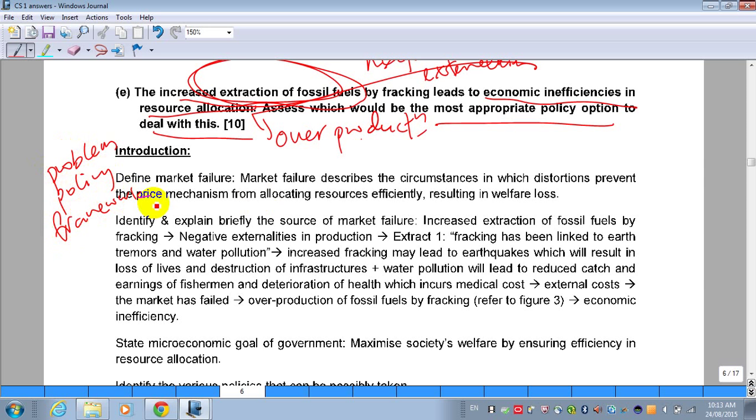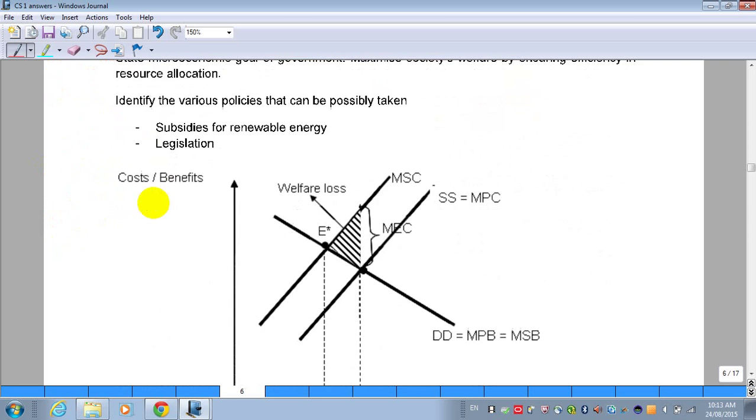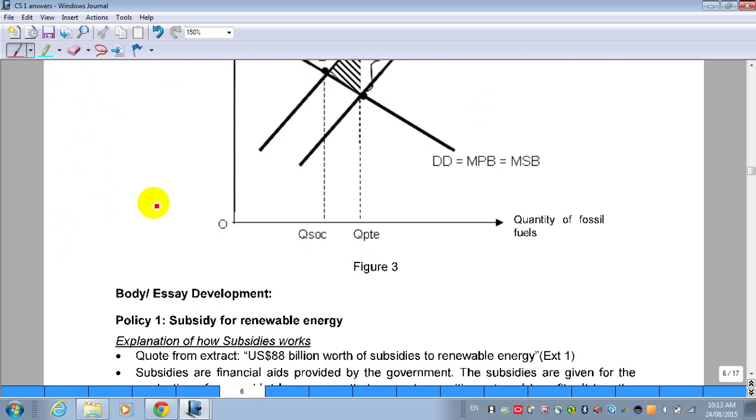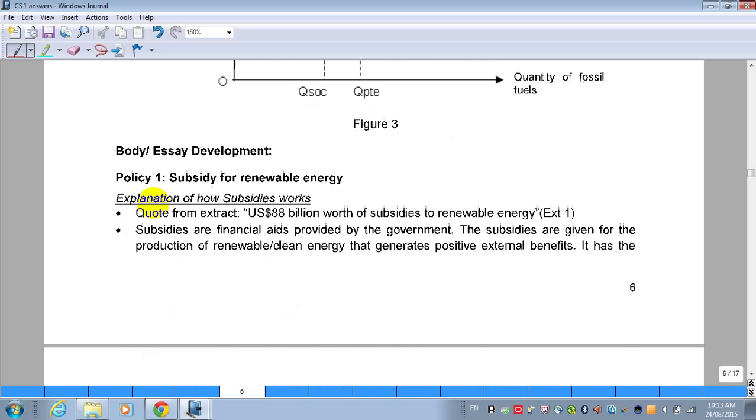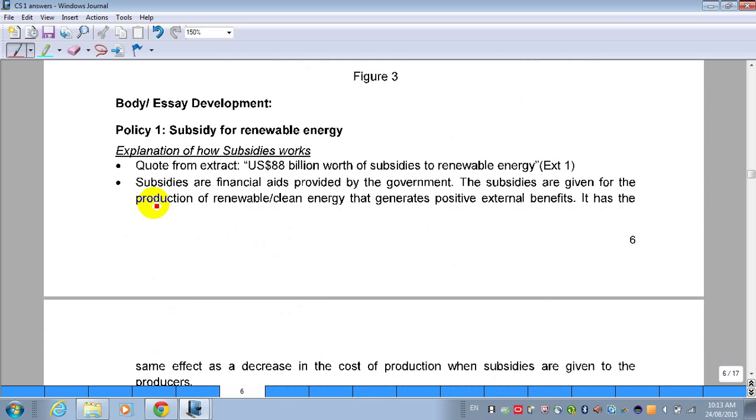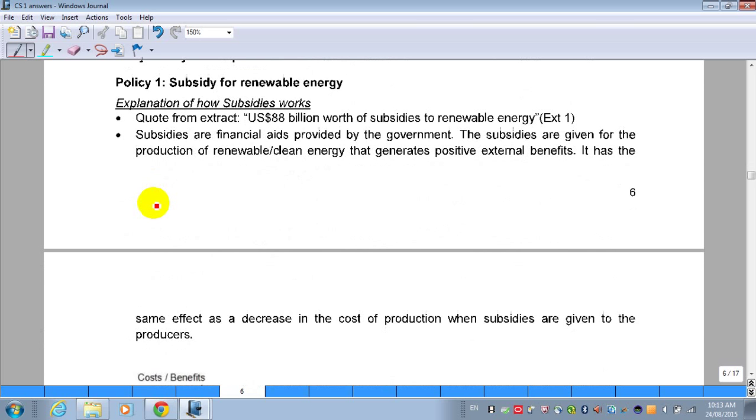If you don't have time to draw the graph, I'm fine with it, okay, for the problem part. But for the policy part, you could have talked about subsidies, okay, how subsidies have been provided by the government there.